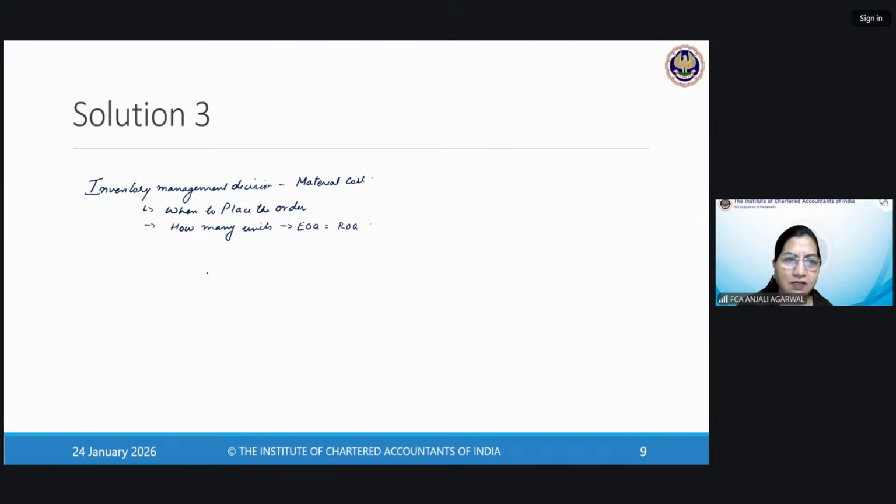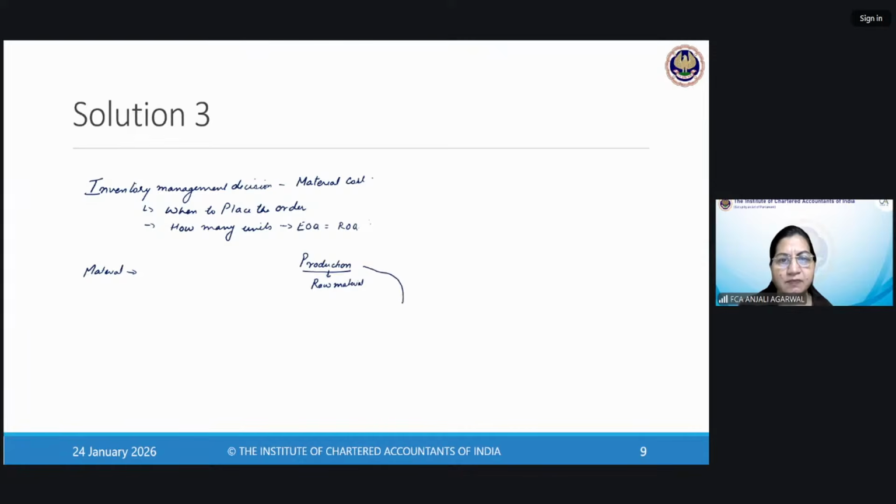The whole cycle of material management flows from procurement, inventory, and storage. Somewhere in the organization there would be a production department. This production department will require raw material as input to manufacture the final product.